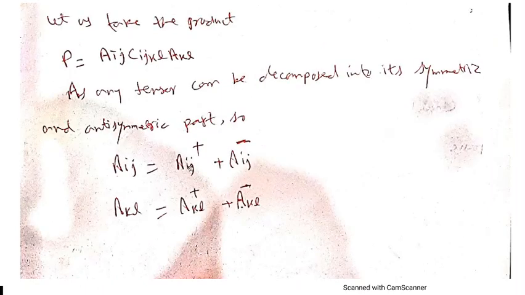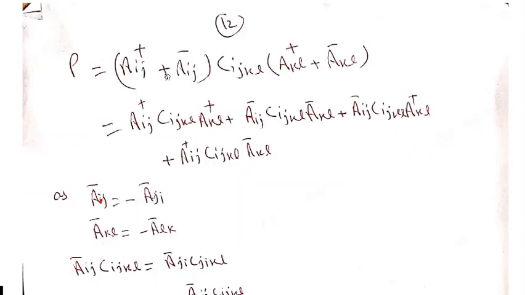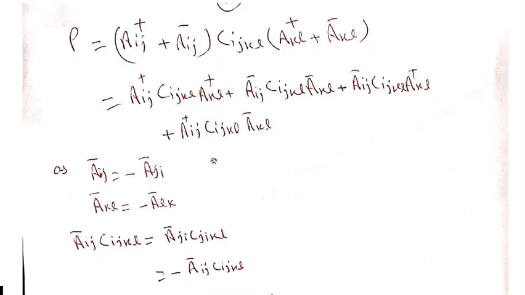Now, using these decompositions in this equation, we have aij plus and this. Now multiply all this and we have these 4 components, and we know that aij bar equals minus aji bar, because this is antisymmetric. Similarly, we can write a bar ij cijkl by interchanging j and i with each other.